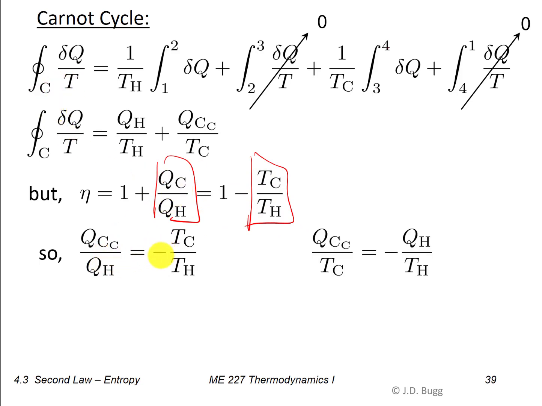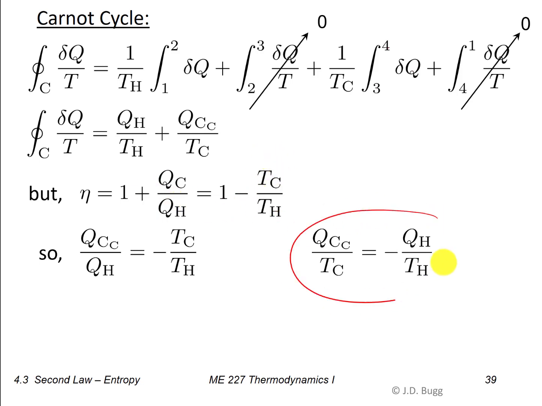So just rearranging this expression, moving the TC under here and the QH to the top on this side, we get QC over TC equals minus QH over TH. Well, taking that and looking here, you'll notice that brings us to the conclusion that this is actually 0, because QC over TC is negative QH over TH. So that is equal to 0.